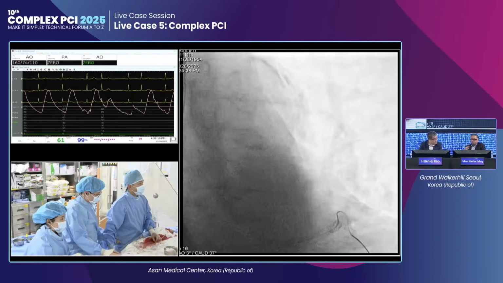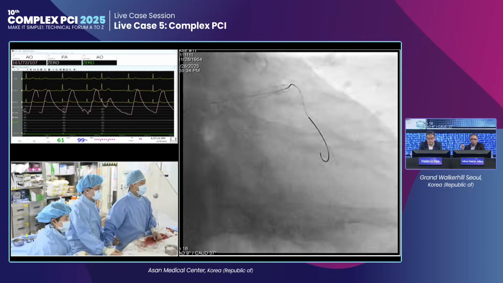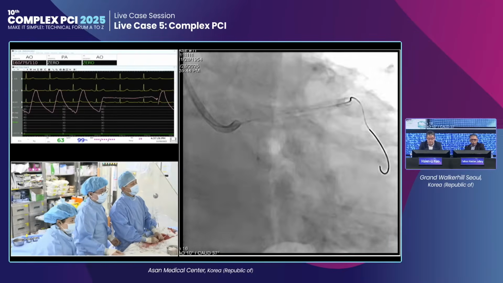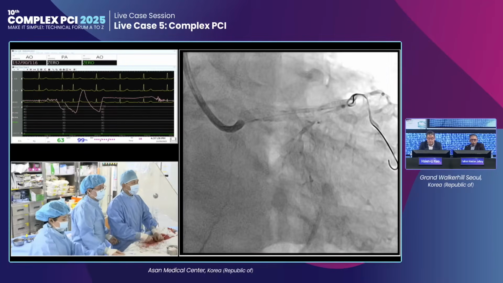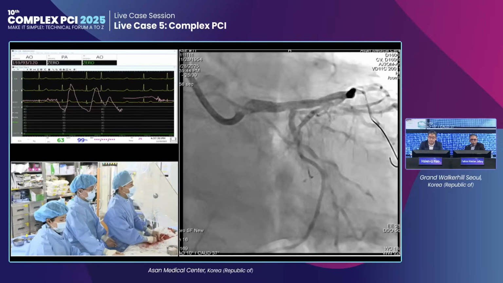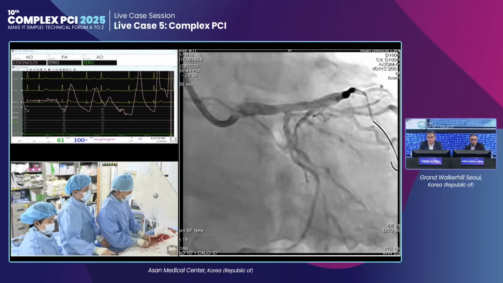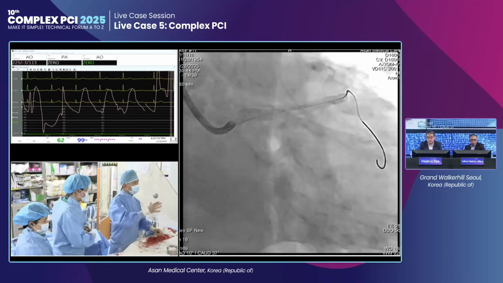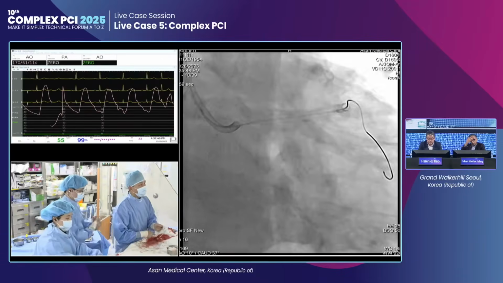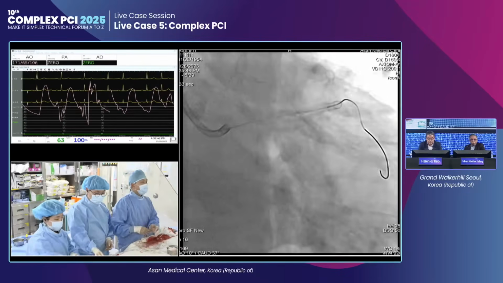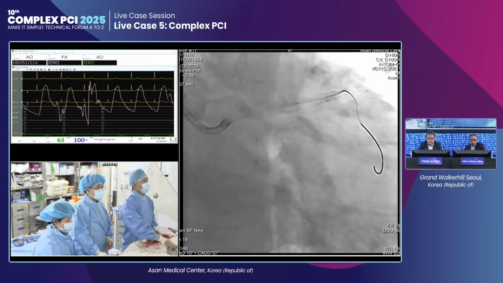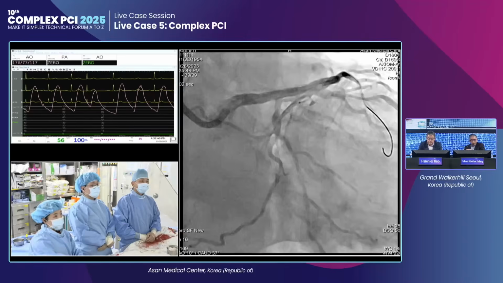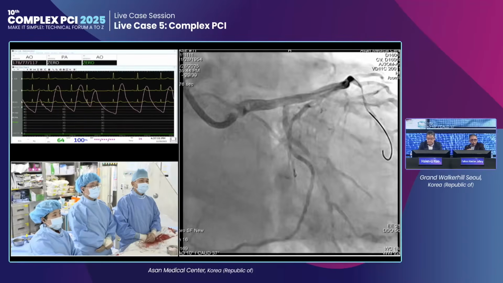So I think, back to the same point, whether you ablate more or you use IVL, some additional modification is needed. The circumflex looks okay at the ostium. Also, at the distal left main there's some eccentric calcification, and in this view I cannot see that. So that's why we should check multiple views. Super. We'll let you work in peace. Thank you so much. This is an outstanding demonstration. And we will move back to Dr. Jung-Min Ahn's lab now.